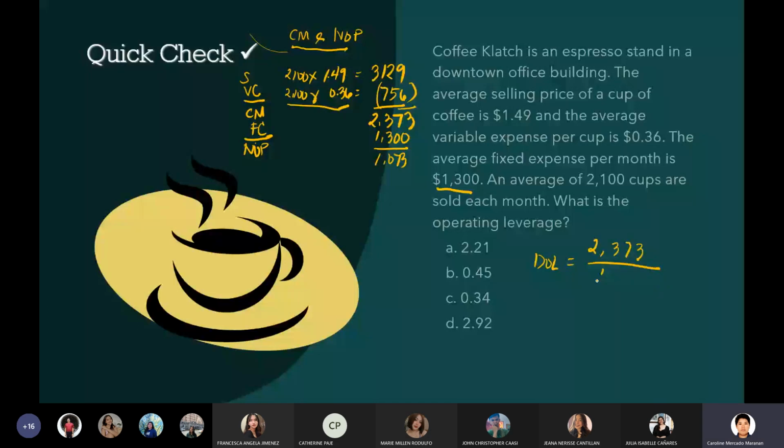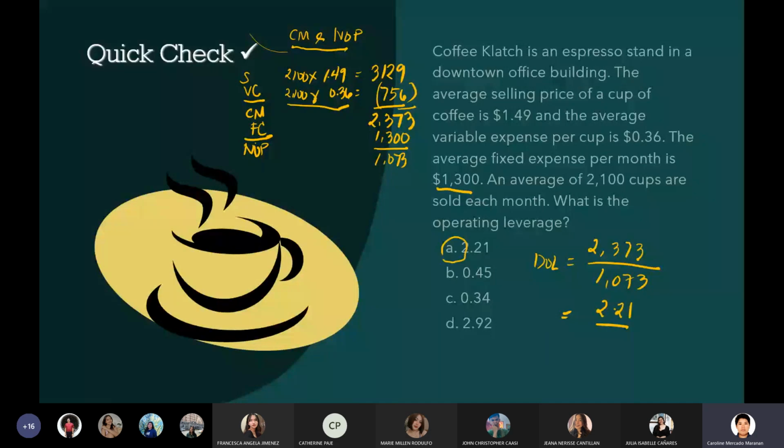How much is our DOL? When you divide this, it is 2.21. So, the answer is letter A. Let's check if it's correct. So, the answer is letter A.